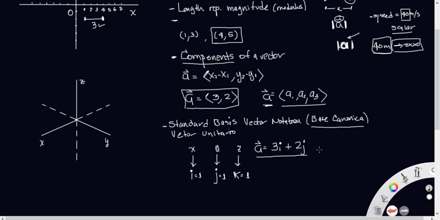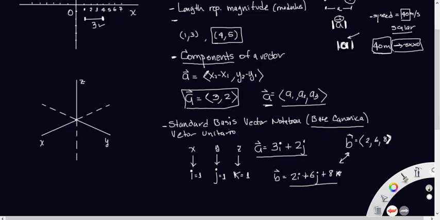Or if we have another vector B, and this vector B has the components 2, 6, 8, then if we want to write this vector in the standard basis vectorial notation, it will be 2I plus 6j plus 8k, and this equals this vector.